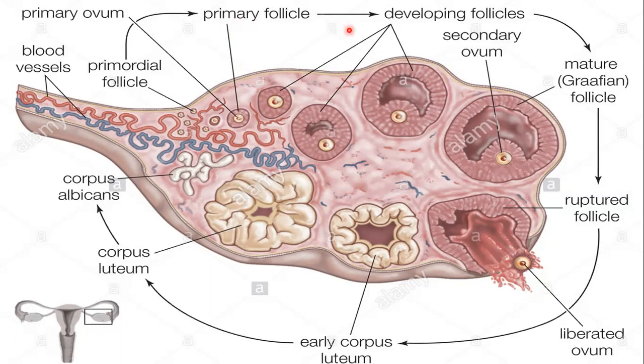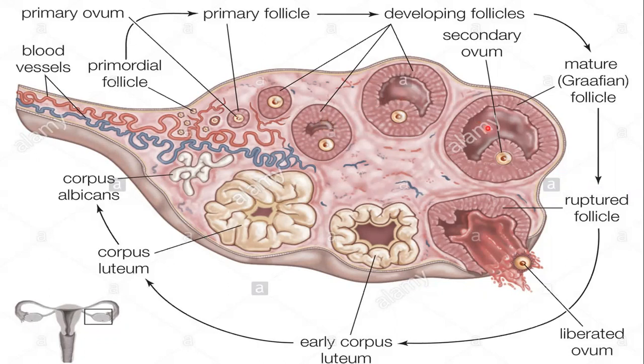And then the primary follicle will develop into the antral follicle, right? Antral follicle or secondary follicle. And the antral follicle is recognized by this antrum, this fluid filled space, right? Because of this fluid filled space, they are known as the antral follicles, or in other words, the secondary follicles, right? This is the antral follicle.